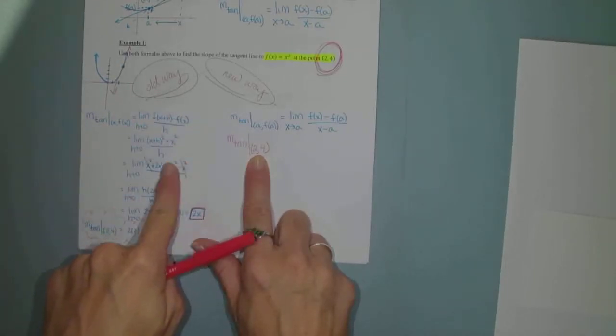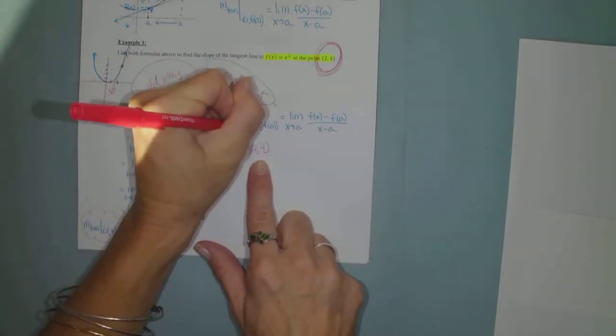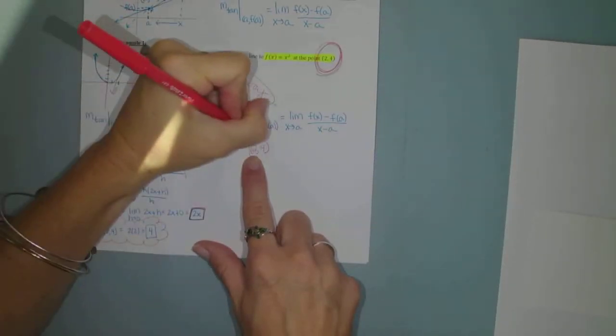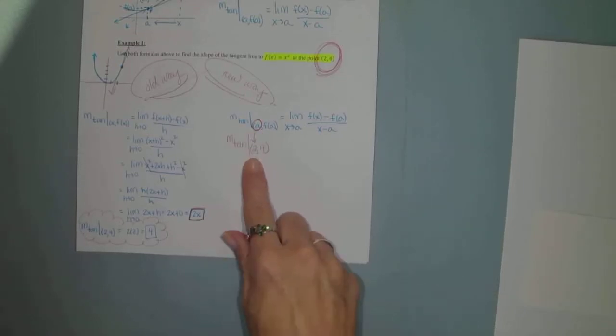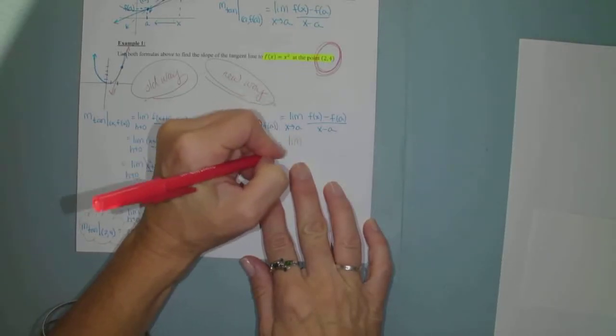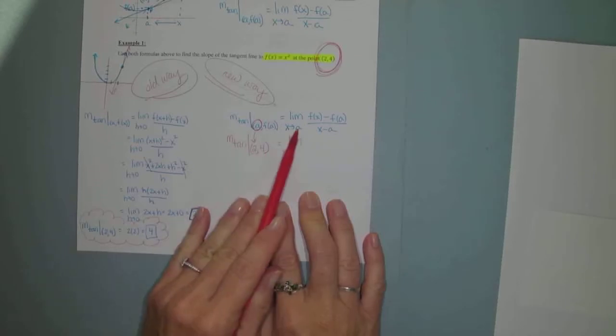We left everything in terms of x. Now you've got to remember, everywhere you see an a, you're going to replace it with a 2, because that's what a is. This is the x value of the point of tangency. That is a. All right, so this is the limit as x approaches 2. A is 2.